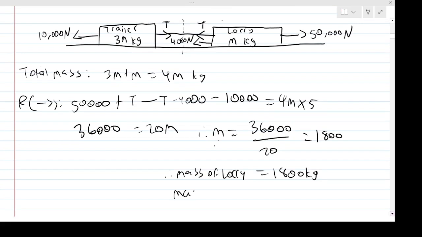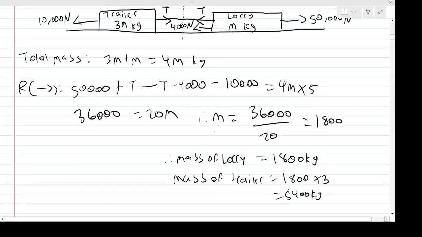Okay, and the mass of the trailer, well, it's 3M, so we need to triple it, right? Times by 3. If we do that, we get 5,400 kilograms. And there we are. Those are the masses of the lorry and the trailer.